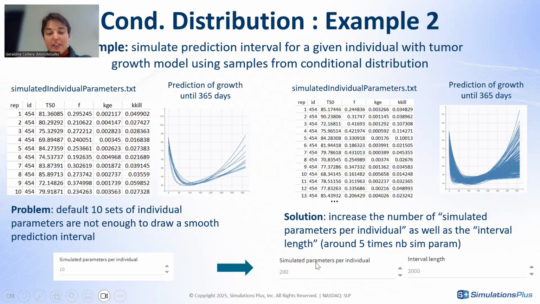But you remember that these values are taken over the length of the interval. So if I want to keep 200 values, I need to have an interval length of at least 200. And some values are identical over several iterations. So to avoid having two identical values, usually we take an interval length that is 5 or 10 times larger than the number of parameters we want to keep.